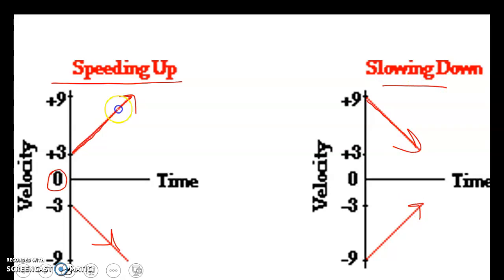If our slopes are heading away from 0, then we're speeding up. Okay, and both this line and this line are heading away from 0. If our arrows or our lines are heading towards 0, then we're slowing down. Think of it as if you're speeding up, you're getting faster, so therefore you're going away from 0. And if you're slowing down, you're going towards 0. All right?